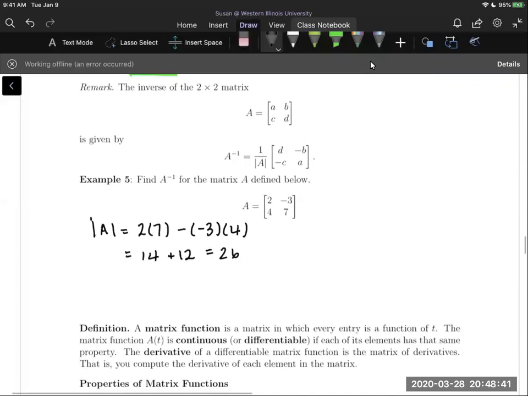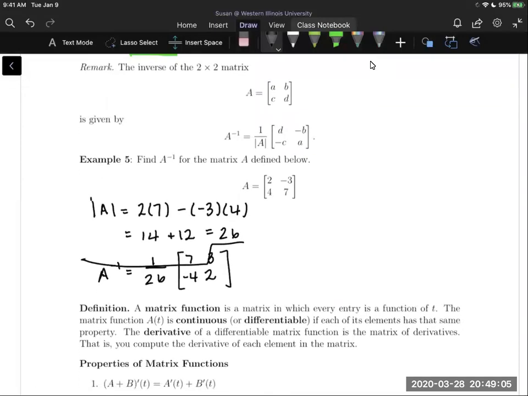So that tells us that A inverse is 1 over 26, technically the absolute value of 26, but I'll omit that, times the matrix, where I'm going to switch the entries on the principal diagonal and negate the entries on the other terms. So this right here would be our inverse matrix.